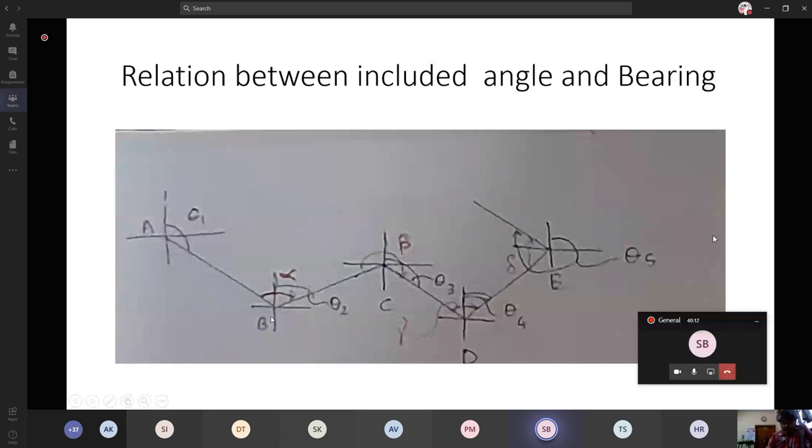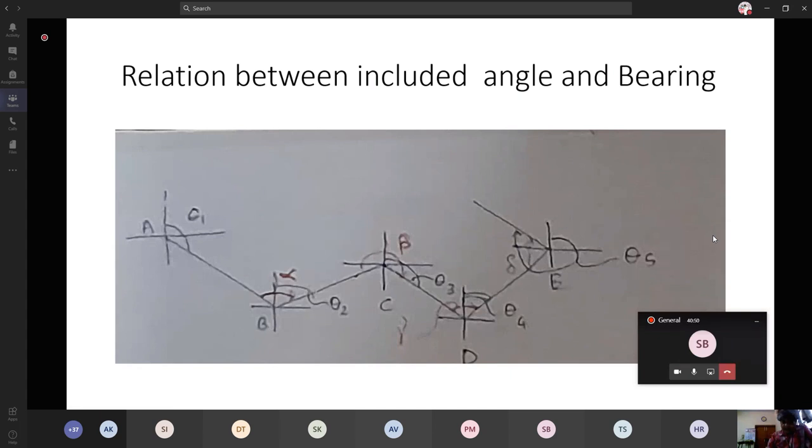So theta 1 plus alpha is with reference to this point, this angle. Am I right? Theta 1 plus alpha is the angular deflection from the southern direction.